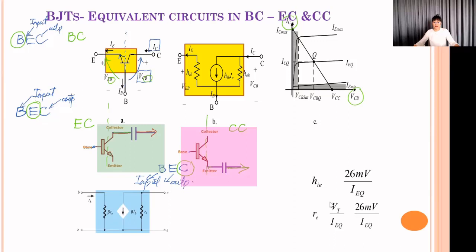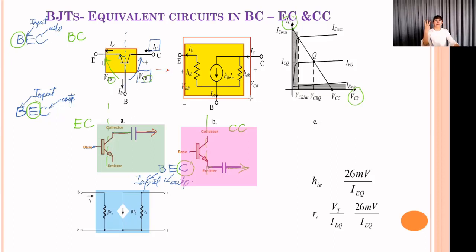If the base is common, we have the equivalent circuit. This circuit has three elements. You can change the form of a transistor to come to the equivalent circuit.